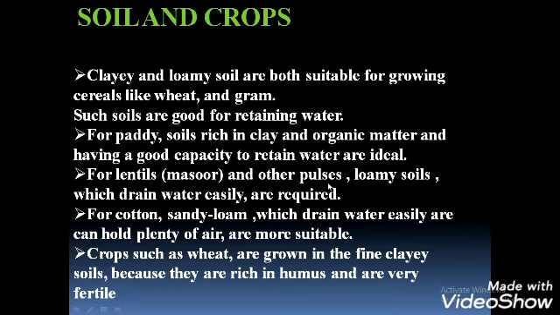Okay, the last section is soil and crops, the last topic in this chapter. We know that different types of soils are found in different parts of India. In some parts there is clay soil, in some parts there is loamy soil, while in some other parts there is sandy soil.